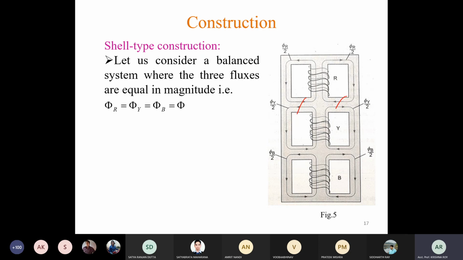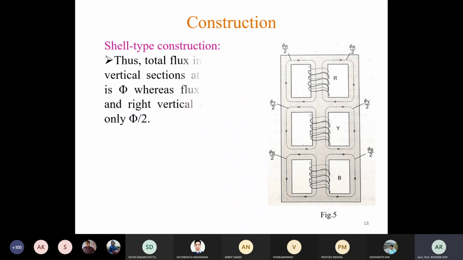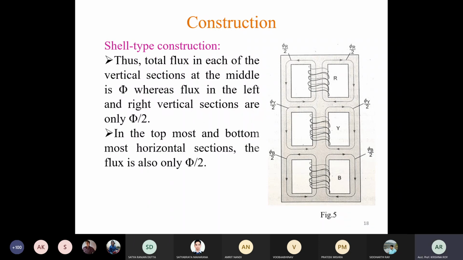If we assume that all the three phase fluxes have equal magnitude, that is phi r equals phi y equals phi b equals phi, say, and they are displaced from each other by 120 degrees, then we can draw the phasor diagram.